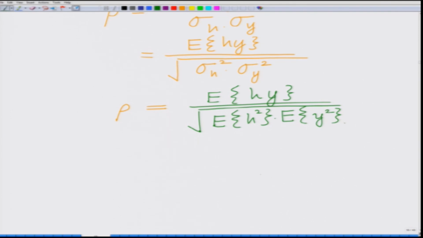So, this is the definition of your correlation coefficient rho.